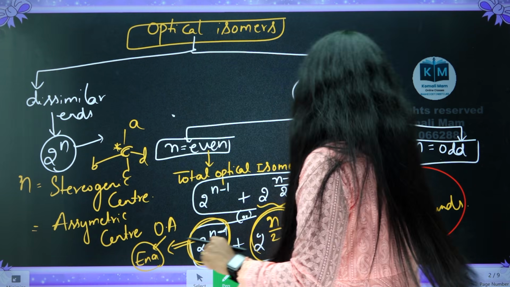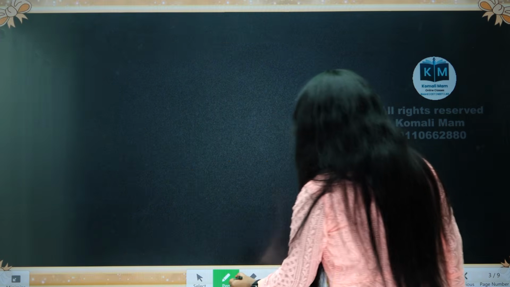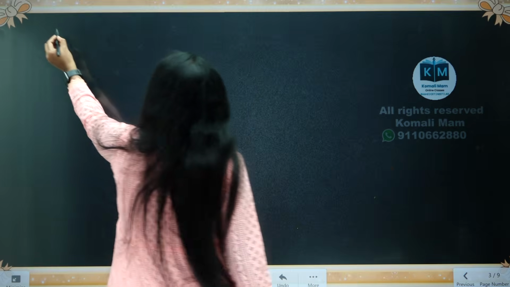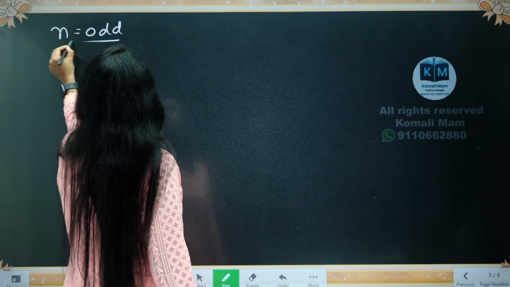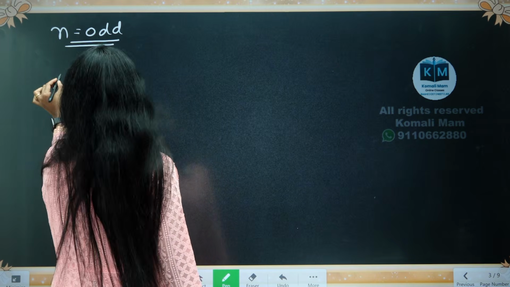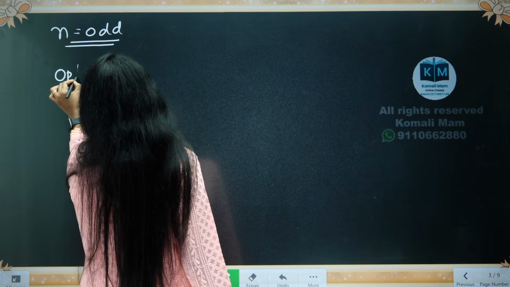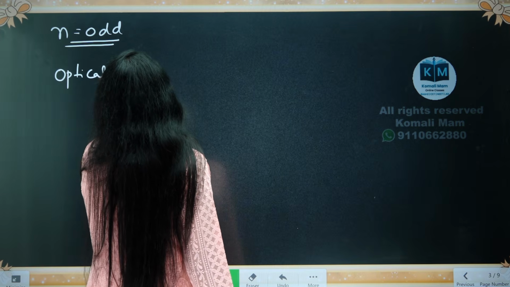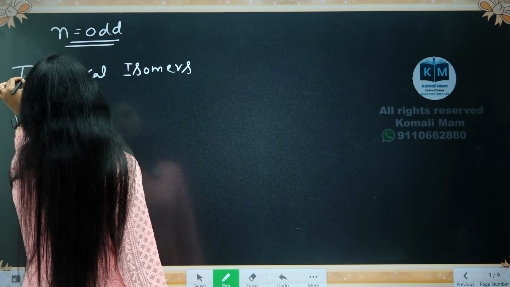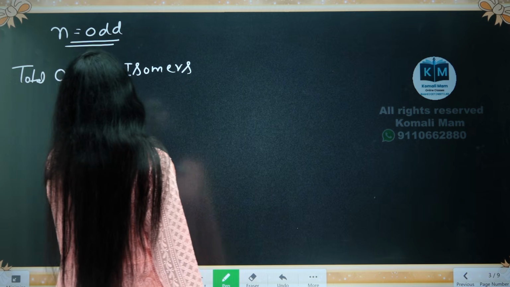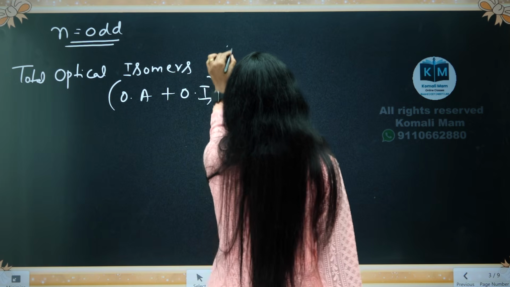That's it. Let us see if n is odd, how to use. Next page I'll go. Here I'll write: if n is an odd number like 3, 5, you get the number of stereogenic centers, then the formula to use for optical isomers. Which optical isomers, students? Total optical isomers, which means both optically active plus optically inactive.